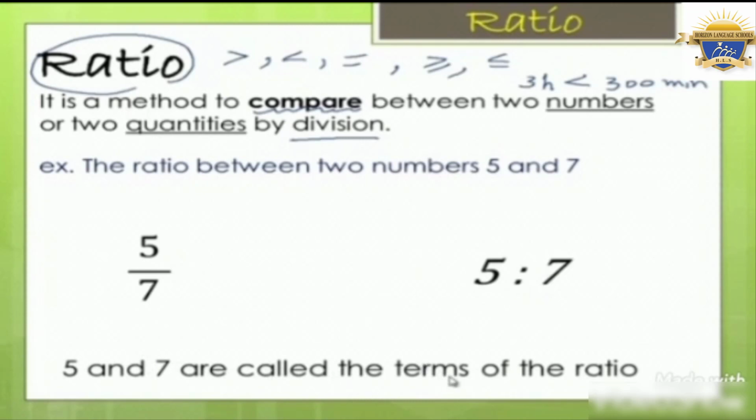Five and 7 are called the terms of the ratio, as 5 is the first term and 7 is the second term. 5 is called antecedent and 7 is called consequent.